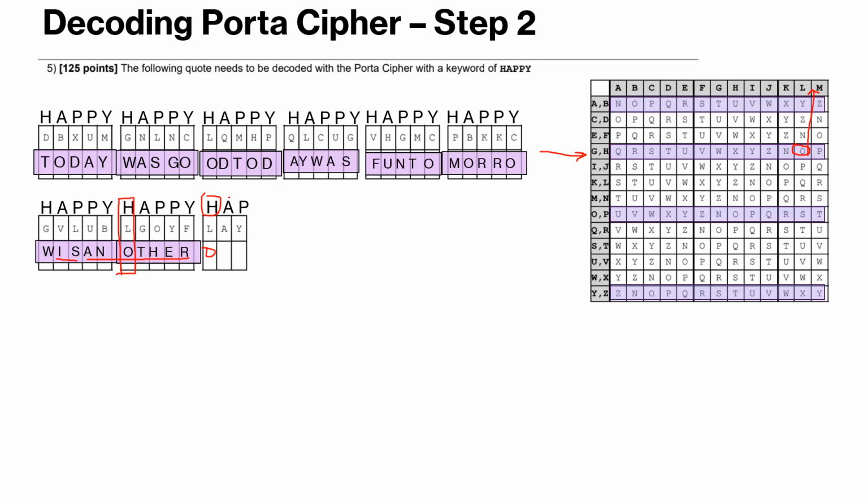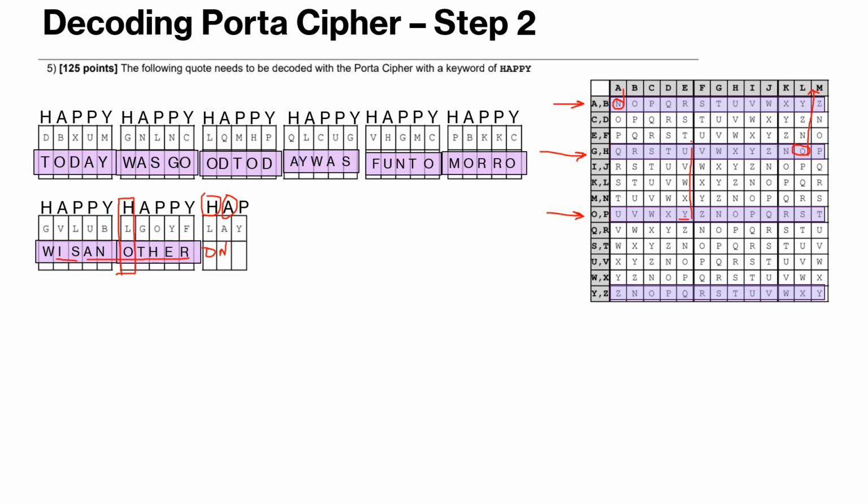Okay, so we are looking at A out here, right? So the A row is this one, and we are looking for A. So this is the A column header. So the plain text for A there is N. Okay. Last letter here, we are looking at the P row out here, and we are looking for Y. So we get Y here.